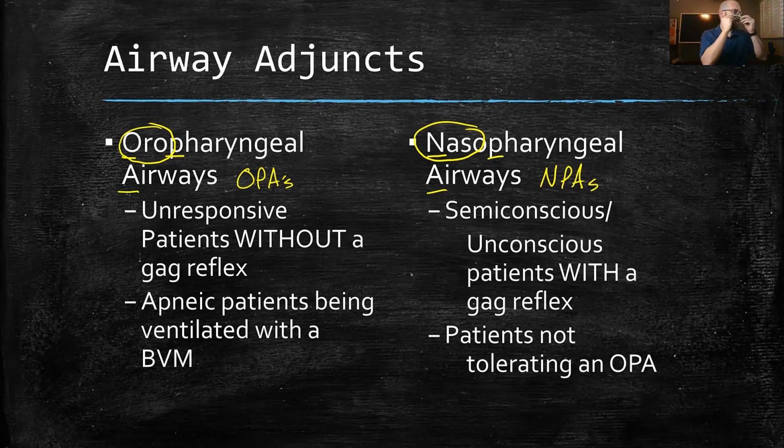And when we insert that through the nose, it could actually puncture into the cranial vault, and now we're pushing that up into the brain. So with any sort of head or face trauma, NPAs through the nose are contraindicated. We won't do them.